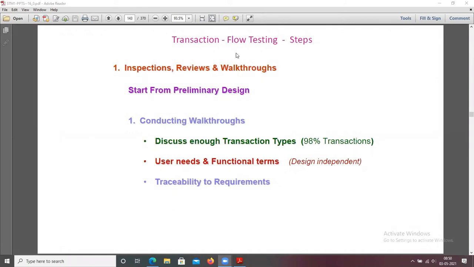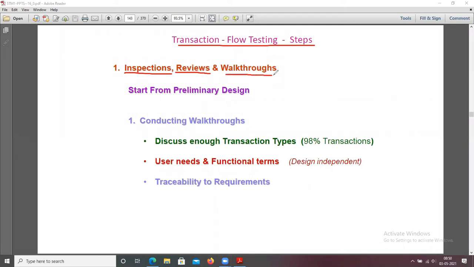Transaction flow testing strategies. These are the strategies. The first one: inspections, reviews, walkthroughs. What does inspection mean?